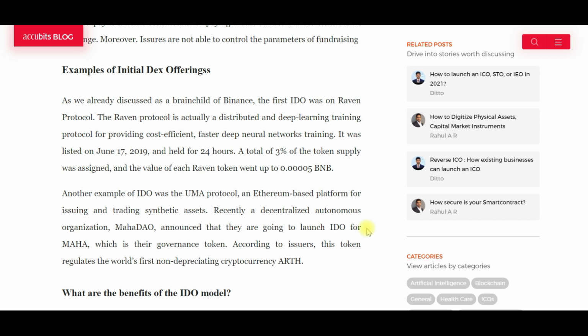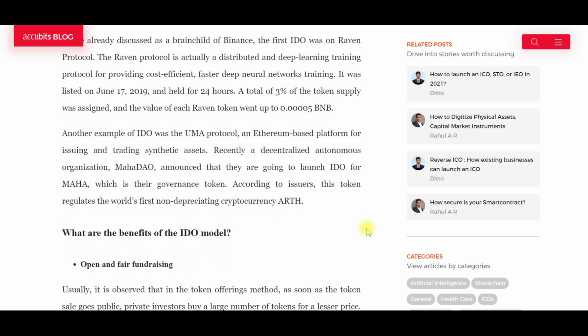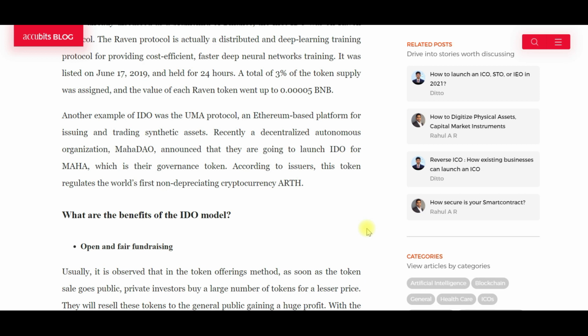If I want to sell my tokens, I might have pre-sales where family, friends or some VCs come in and buy some of my tokens. Then if I want my token to go to a larger audience, I will do an initial DEX offering where I list my tokens on Uniswap, and then people rush to buy those tokens, and as they are buying them on Uniswap, the price of the token goes up.